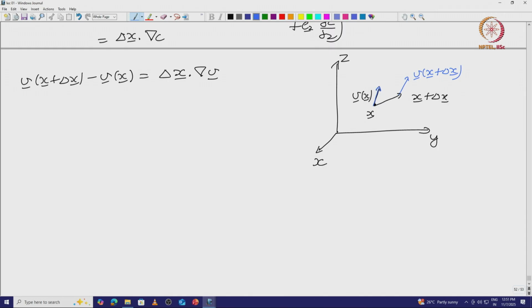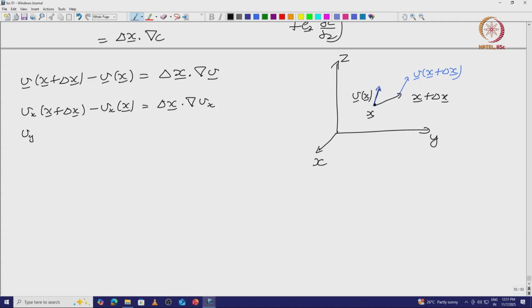You can easily visualize this better by writing it in terms of the components. So, if I write in terms of Vx, Vx at x plus delta x minus Vx at x is equal to delta x dot grad Vx.